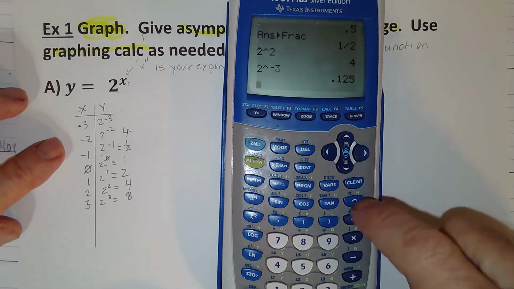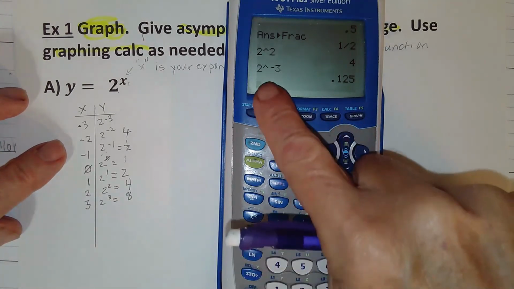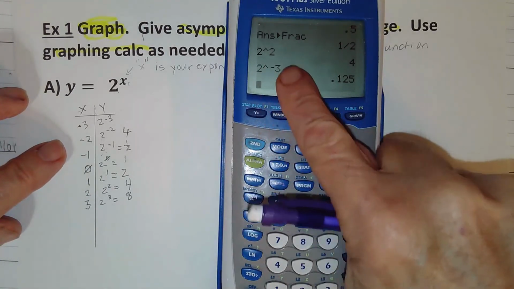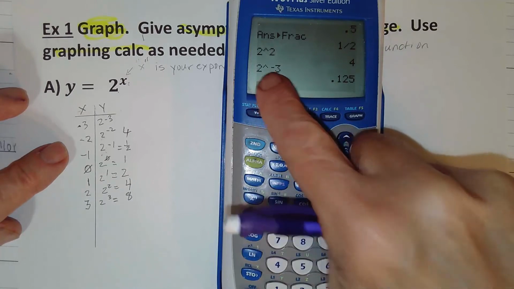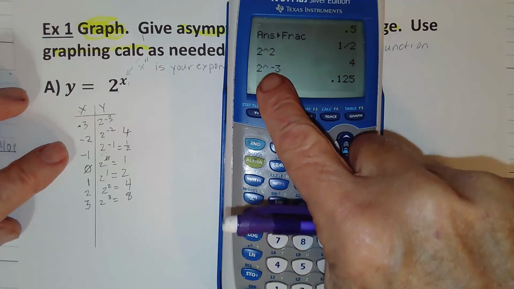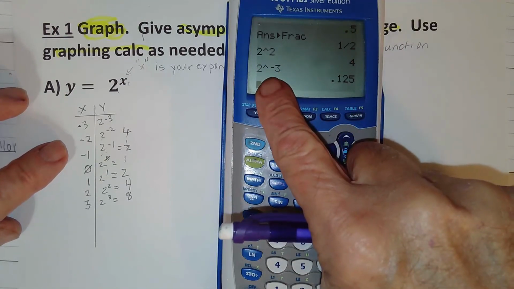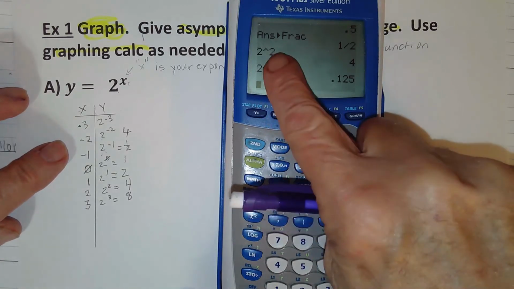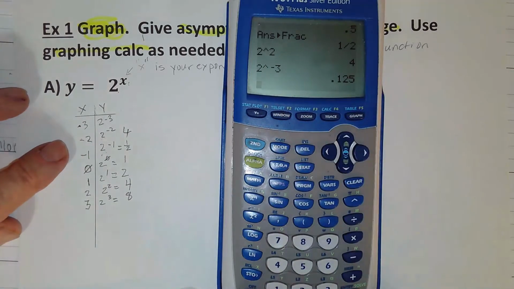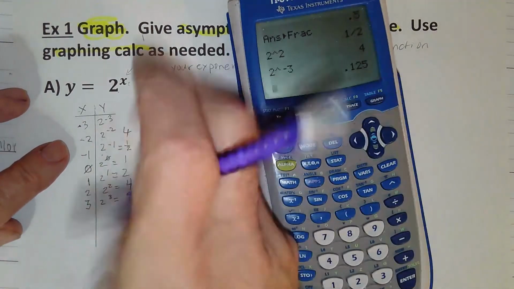I did positive. I put 2 to the negative 3, and I did 2 to the 2. Both of those are wrong. These are negative exponents. This one was 2 to the 2, and that was wrong.